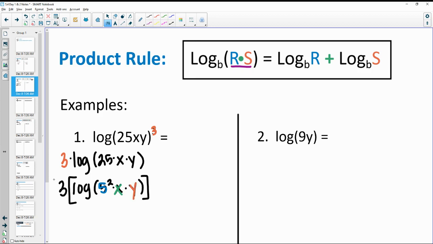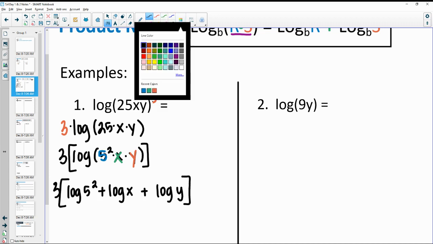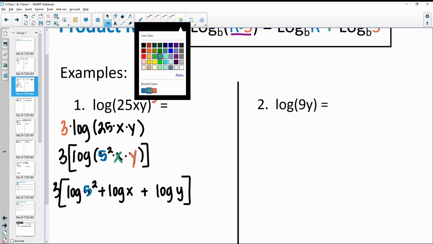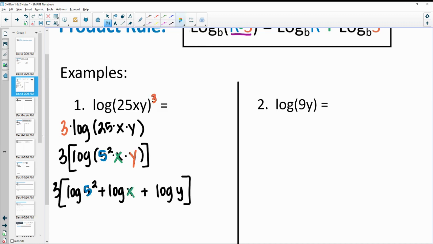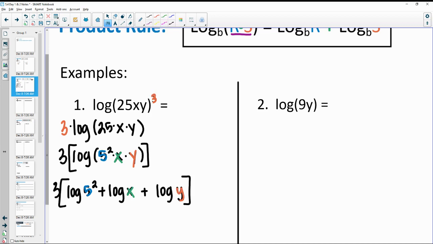So we're going to split this up into 3 logarithms. So we're going to have 3 times log of 5 squared, and then plus log of x, and then plus log of y, dealing with all 3 of those bases. So that 5 to the second, the x, and the y, splitting those each into a logarithm.